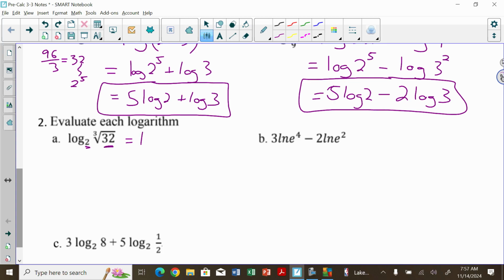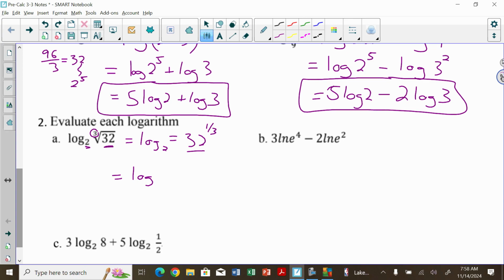So if I do that, I can say log base 2, equals, well, first I'm going to take this cube root and write it as a power. So that equals 32 to the 1/3 power, because square roots would be to 1/2, so cube roots are to 1/3. And then I'm going to change that 32 into a base of 2.